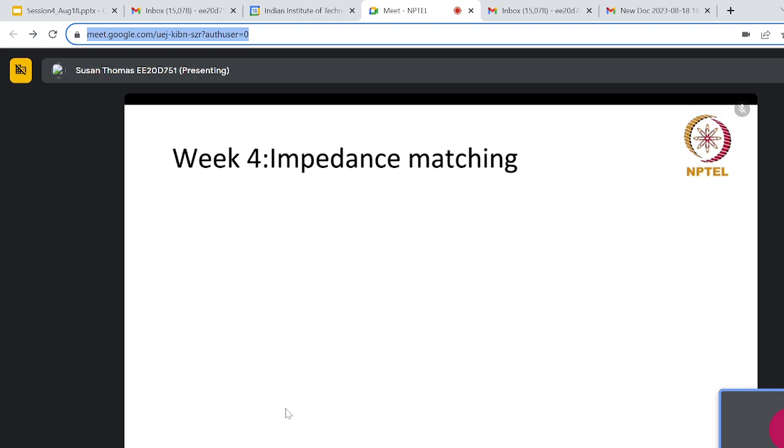I hope all of you know the significance of impedance matching. To just brief, say you have a transmission line of characteristic impedance Z naught and any load ZL.